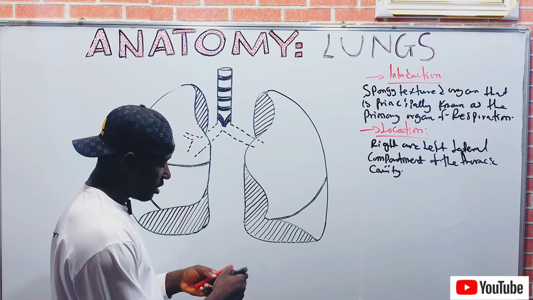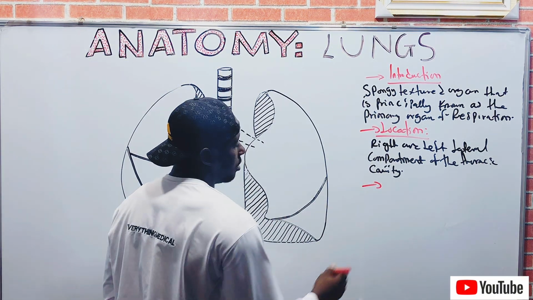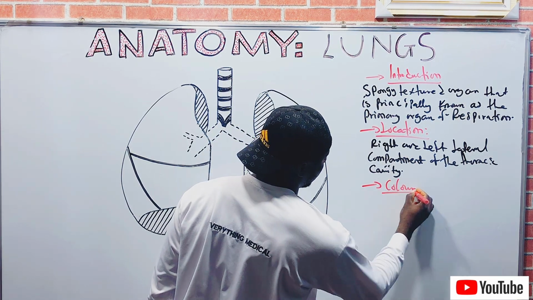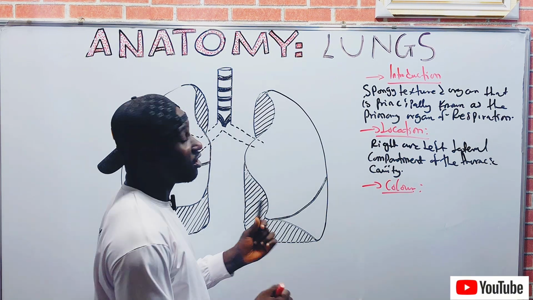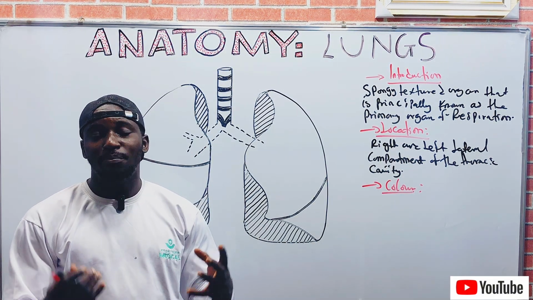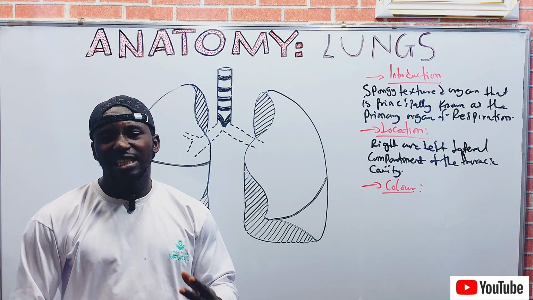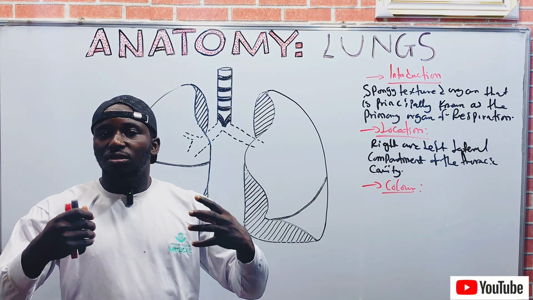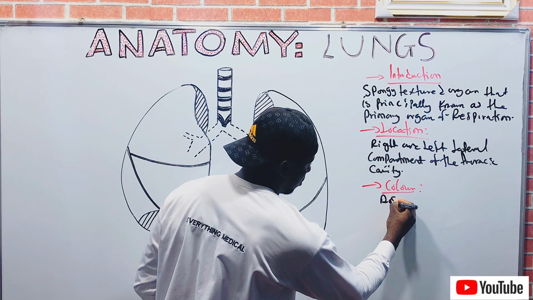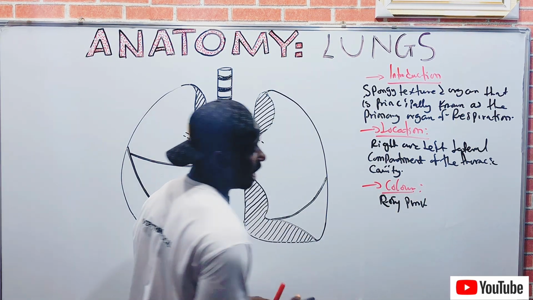The next we shall be discussing is the color. Yes, the lungs has a color. You have to understand that a newborn and people that stay in a clean environment, their lungs is usually rosy pink in color.